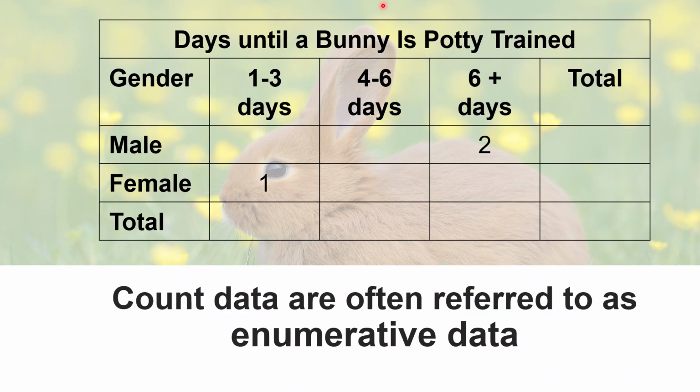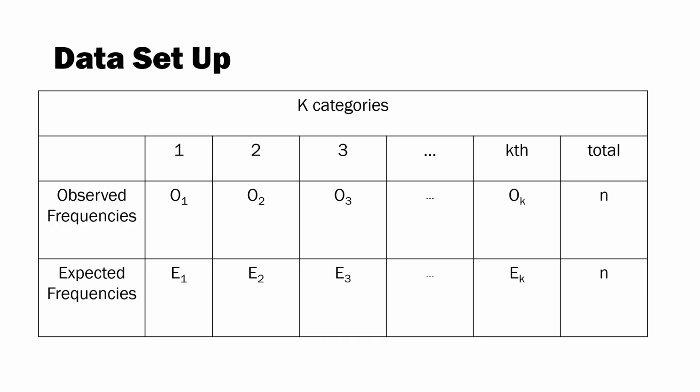So this is not statistically significant, but just an example of what enumerative data looks like. Don't get too hung up on this, but I do like to show you how the data is set up. We'll have observed frequencies, labeled with an O, and expected frequencies, labeled with an E. We'll also have categories, and we just call them k categories, going to the kth number, which just means it can be any number.